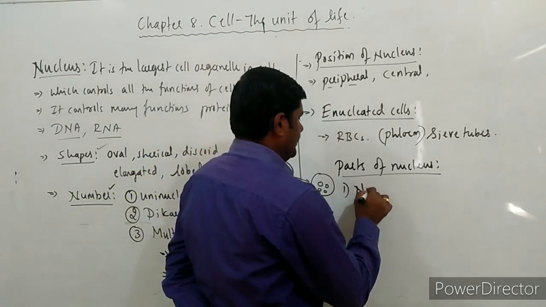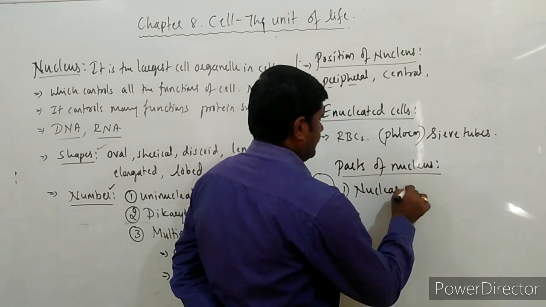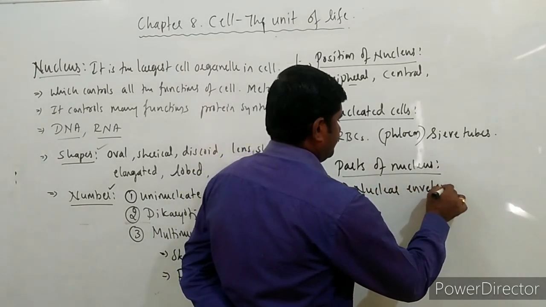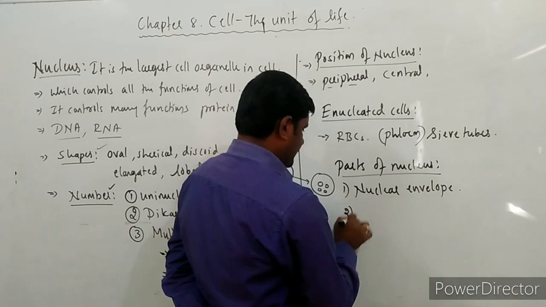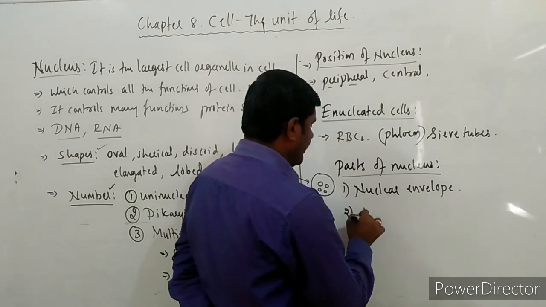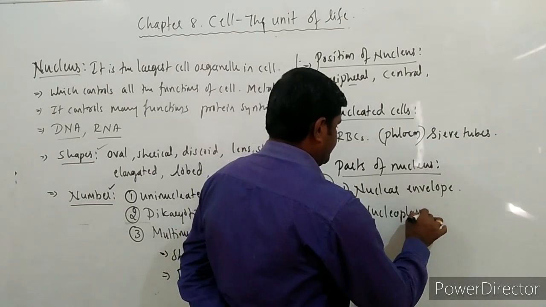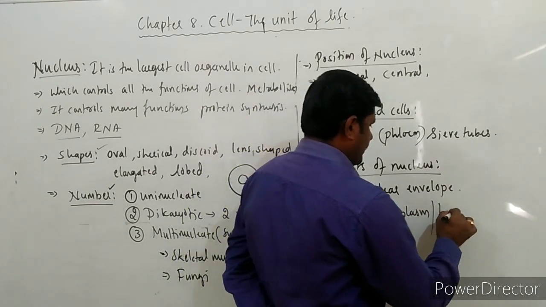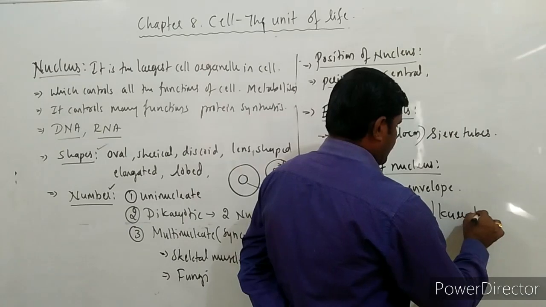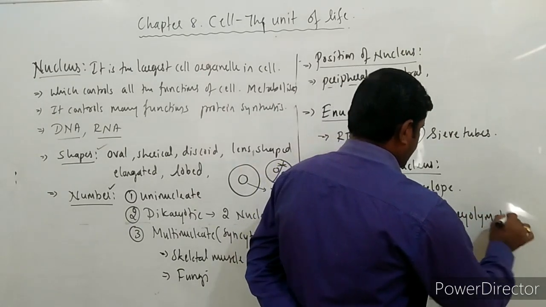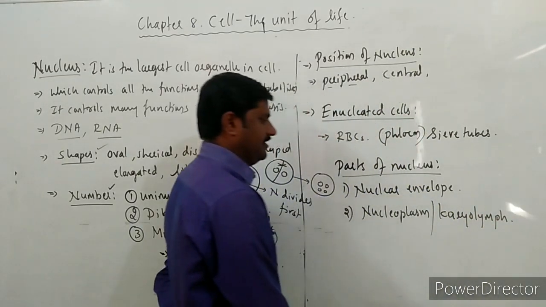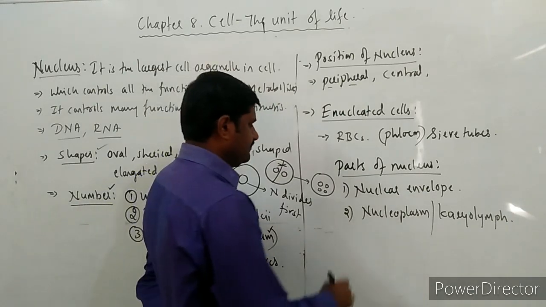One is the nuclear envelope, and the second one is nucleoplasm, also called karyolymph, right?